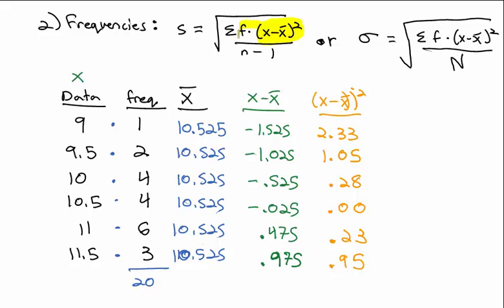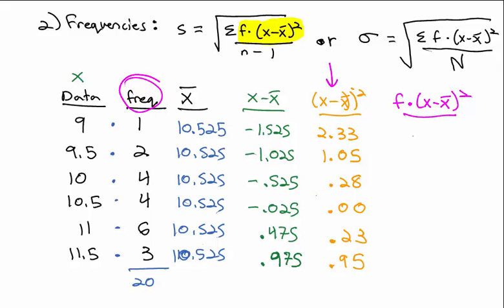Keep going. We've got to multiply by the frequency. So now we've got another column for the frequency times x minus x bar squared. In other words, we're going to take the frequency column and multiply by the column we just found.